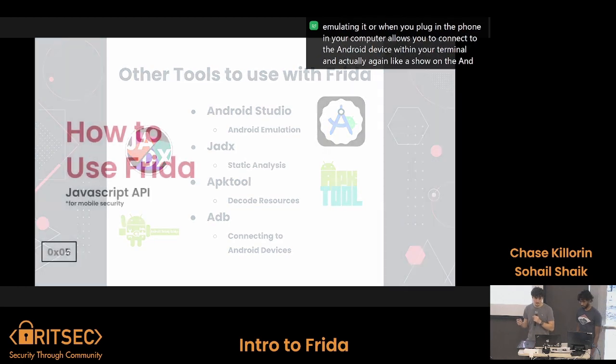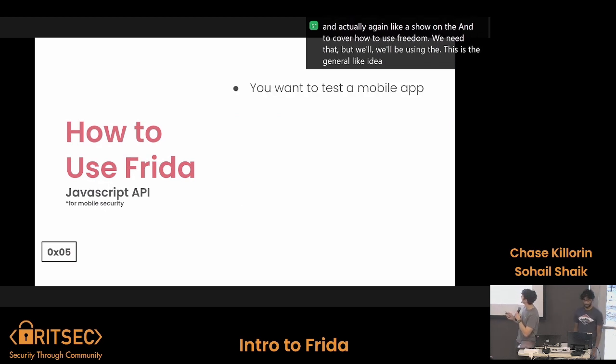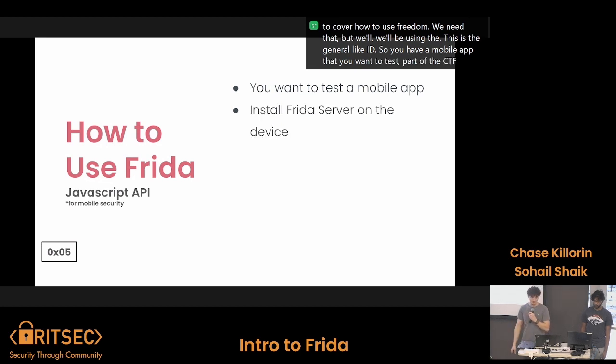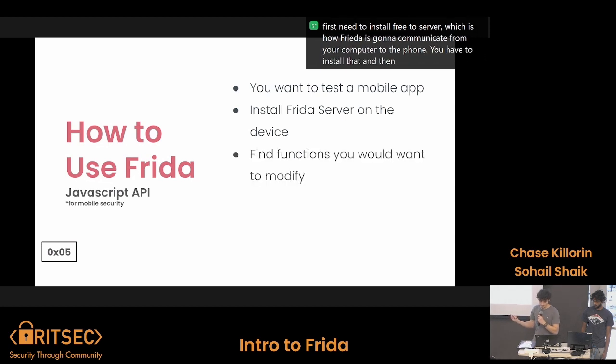And to cover how to use Frida, we'll be using the JavaScript API. This is the general idea for mobile security. You have a mobile app that you want to test, part of the CTF, maybe at your job. You first need to install Frida Server, which is how Frida is going to communicate from your computer to the phone. You have to install that and have it running.